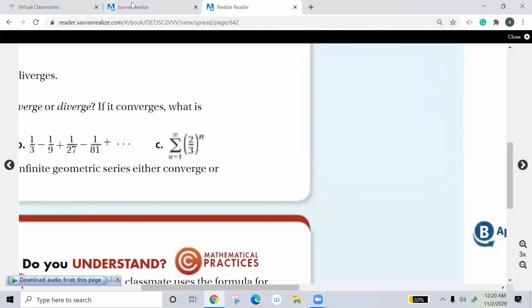We have letter C. From letter C, we have the summation of 2 over 3 raised to n, from n equals 1 to infinity. So here we have 2 over 3 as our common ratio. The absolute value of 2 over 3 is less than 1, and so it converges.